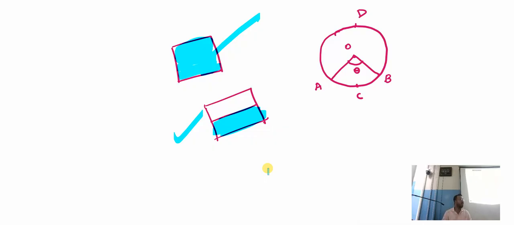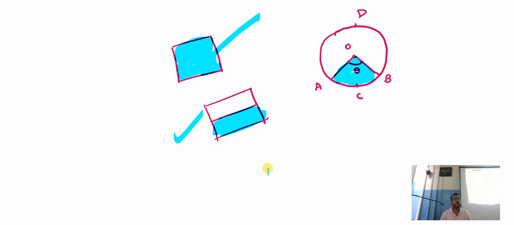Even similarly here too. Here you can see this is a partial part of this circle, correct? Can you see the region which I have shaded here? This is a partial part. I am not shading the complete circle. I am just shading some small part of the circle.